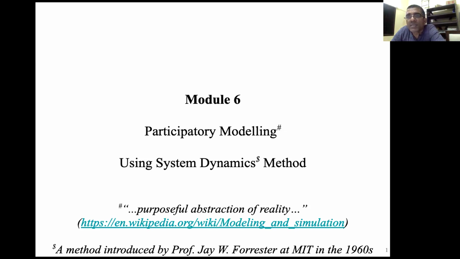Now, there are various methods of modeling, especially when you want to do participatory modeling. What is the reason? Whom do you want to participate? Basically, there are several stakeholders in any situation. You want them to participate because not all information can be gathered objectively by sensors.